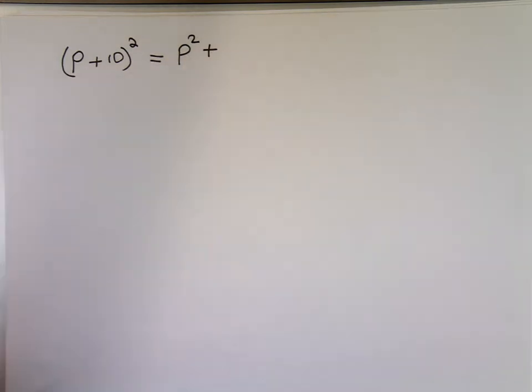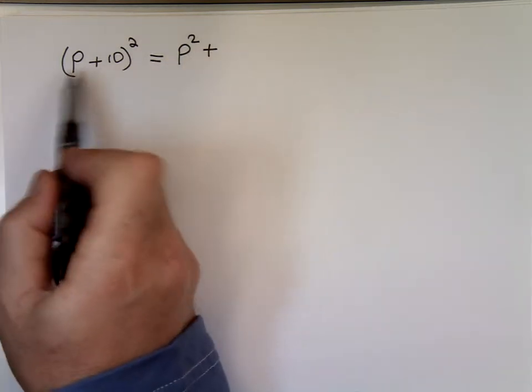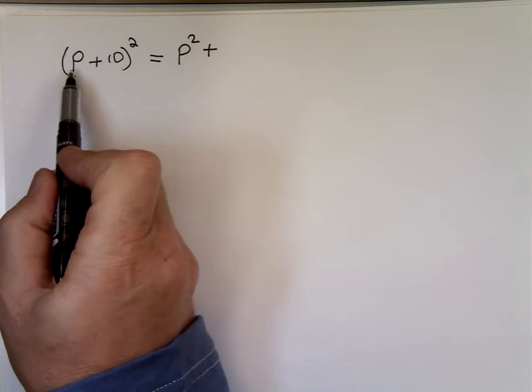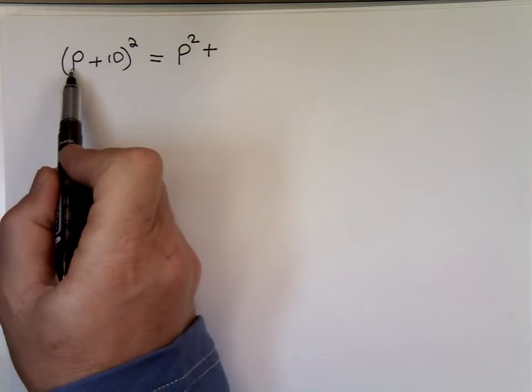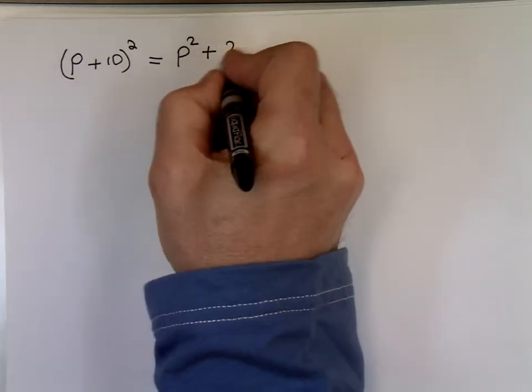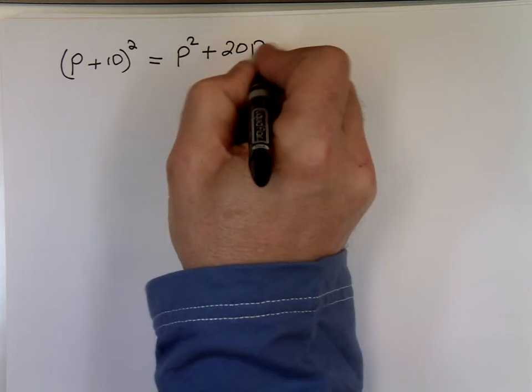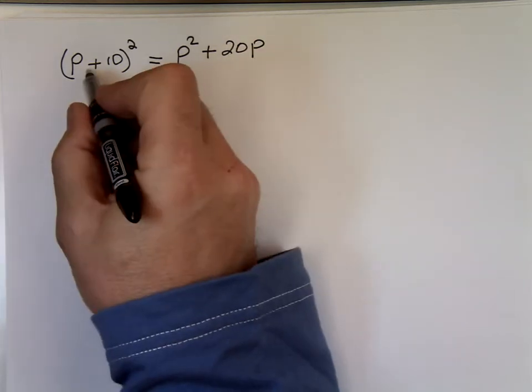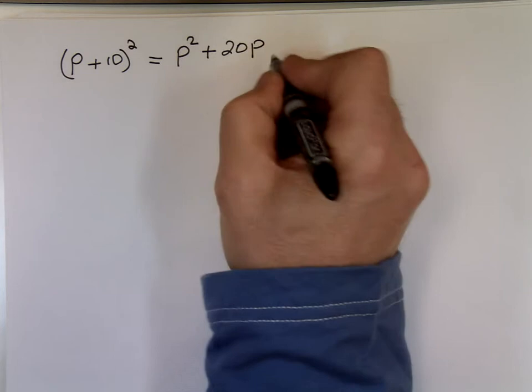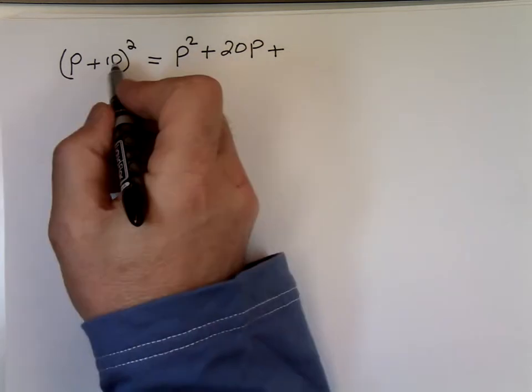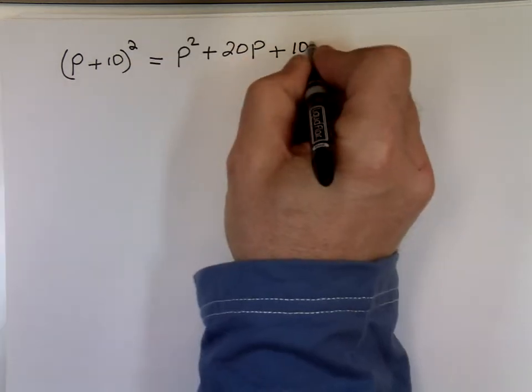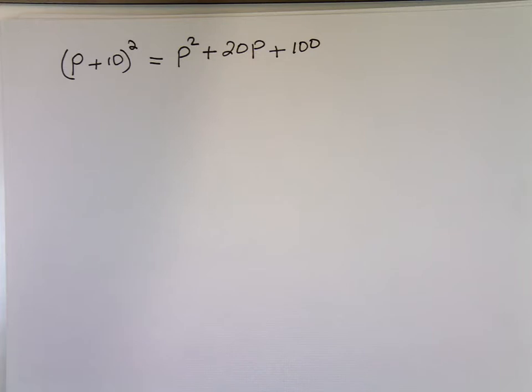P squared. Multiply these two guys together. This will be 10p times the 2, that's 20p, yes? So whatever answer, when you multiply them, is 10p. 10 times 2 is 20. Plus square the 10, which is what? 100. All in one step.